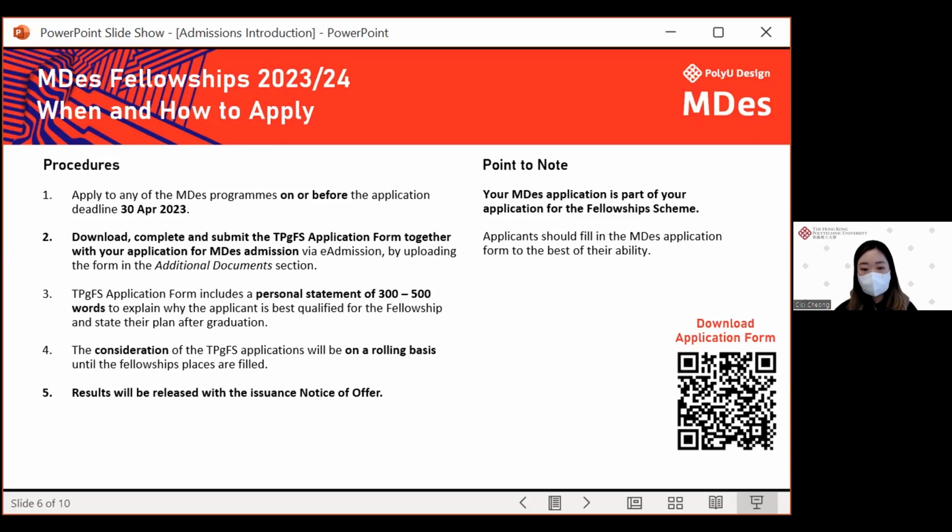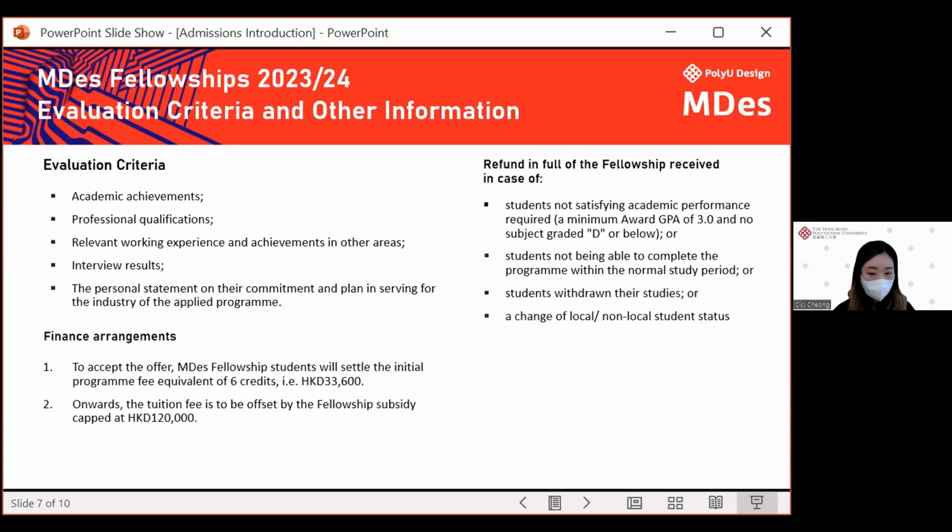If you have successfully applied for a fellowship, you will receive the result in the notice of the offer. Okay, some more information about the fellowship. The evaluation criteria is based on the academic achievements, the professional qualifications, relevant working experience and achievement in other areas, your interview result, and also the personal statement that you submitted.